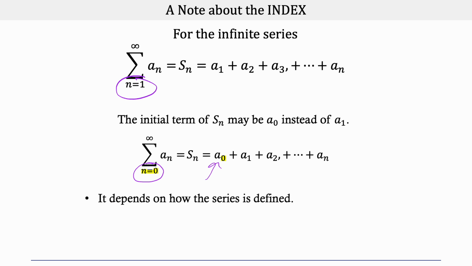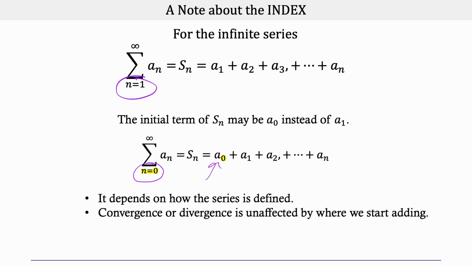So it really just depends on how the series is defined. Convergence or divergence is unaffected by where we start adding. What is affected is the value or sum of the series. So just keep that in mind.